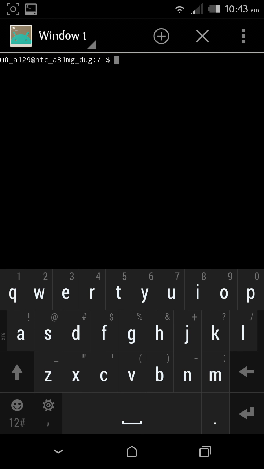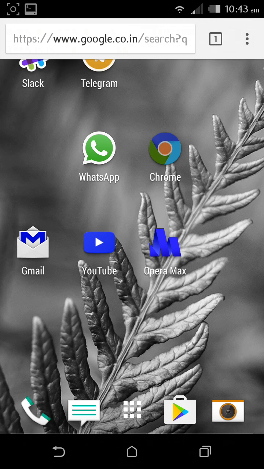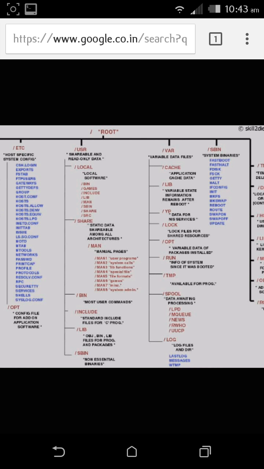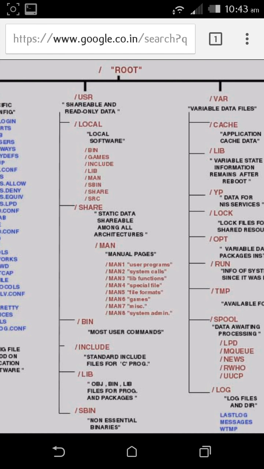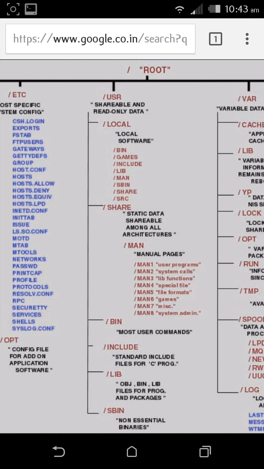It starts from the root directory and it branches out, branches again and again. See this, it's a Linux file structure. At the top you have the root directory indicated by the slash symbol.